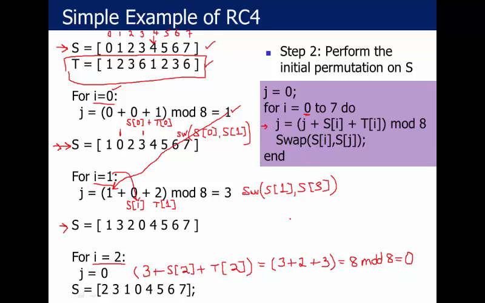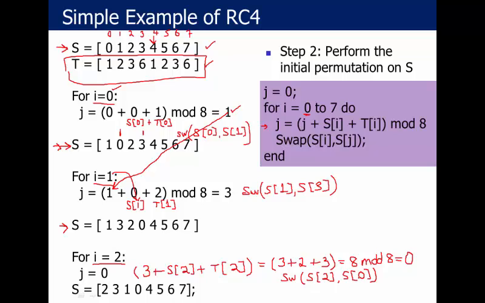So what do we need to swap? What is S of I? S of I is 2. So S of 2 and S of J. J equals now 0. So we need to swap them.